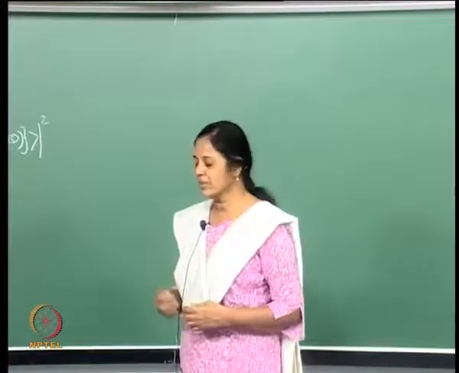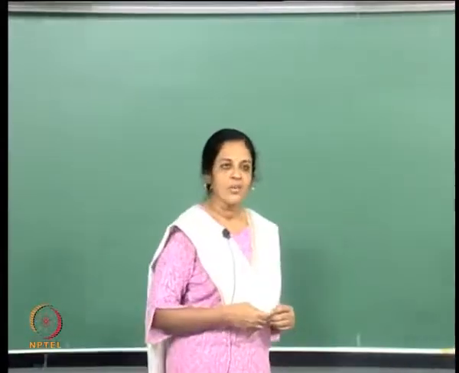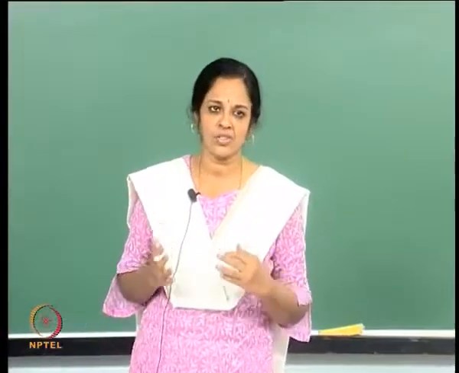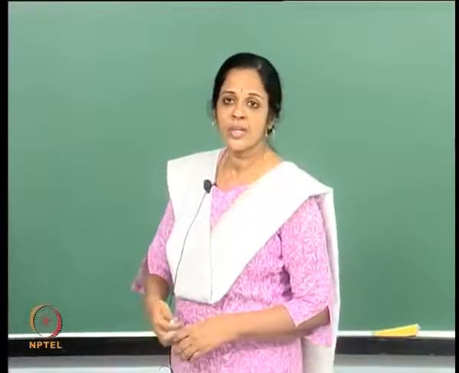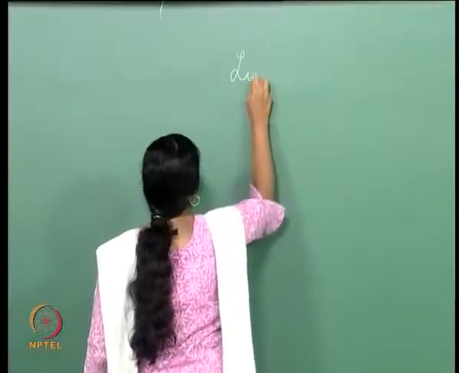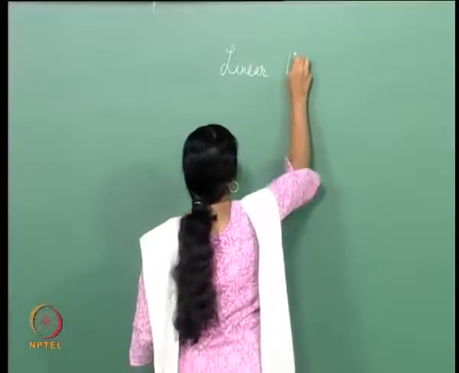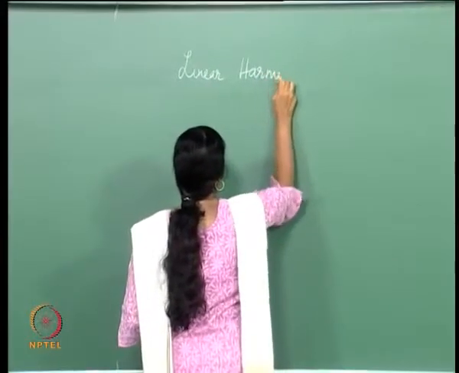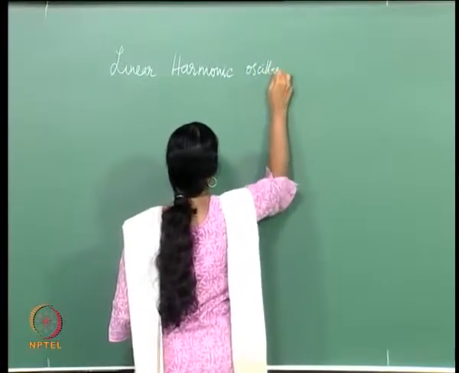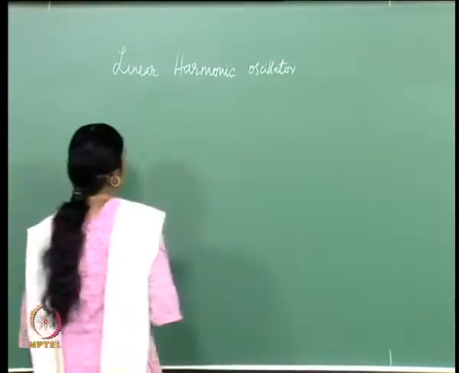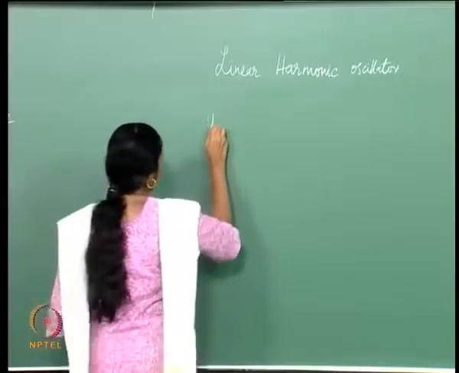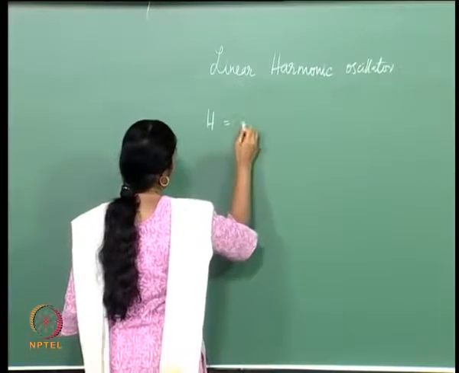The third example that I started looking at was the quantum linear harmonic oscillator, which is what we will do in some detail today. The simple harmonic oscillator. As I indicated yesterday, we could start from the classical Hamiltonian.